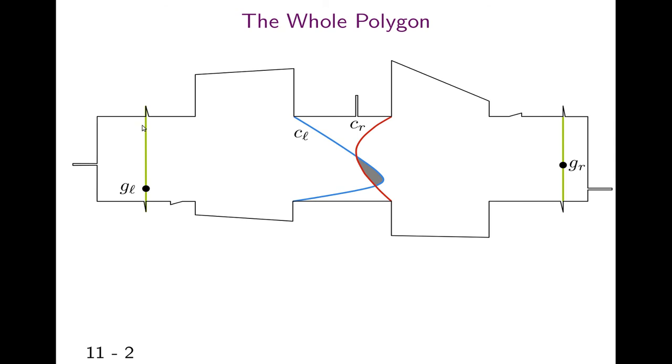This line, together with these two pockets, forces a guard to be to the left of CL, and in a similar fashion, this line together with these two pockets forces a guard to be to the right of CR. So the region where I need to place the guard is this brown region, which is bounded. The boundary is part of the gray region.